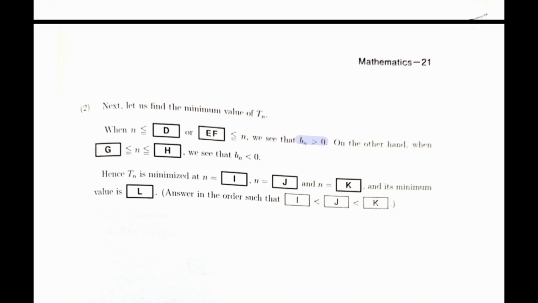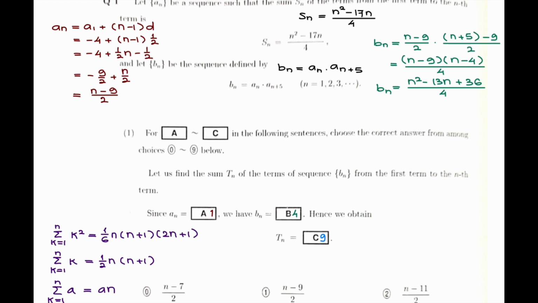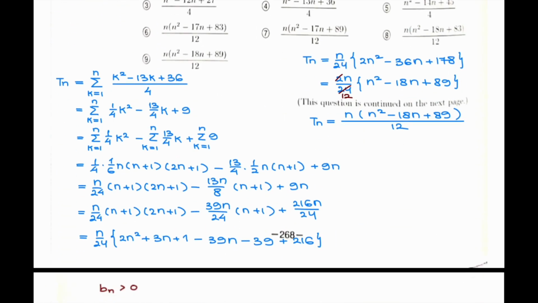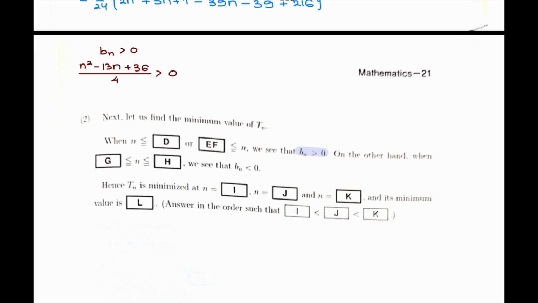I will write it down here. Bn greater than 0. That means n squared minus 13n plus 36 over 4 greater than 0. By solving this inequality, I think I can obtain D, E, and F. First of all, I can cross multiply 4 to the other side. 0 times 4, of course, is 0.